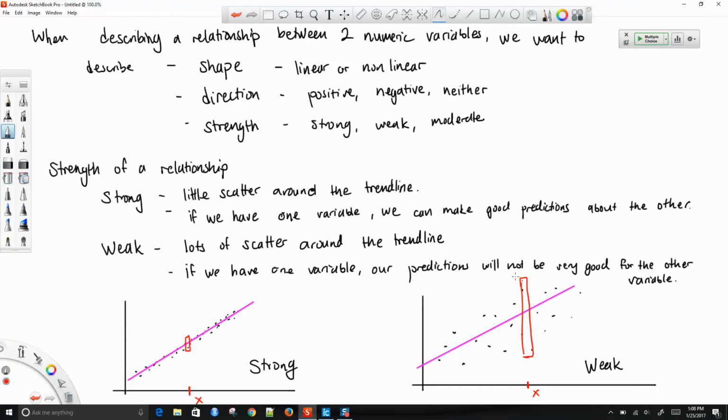So you have a lot more spread around. This is where our predictions would be, and then we see more variability in our predictions.